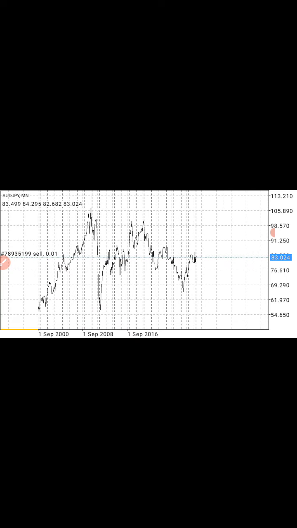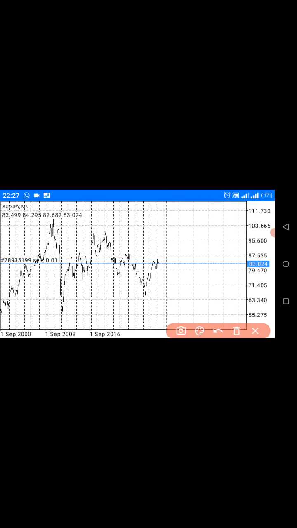The first thing we have here is an impulsive movement to the upside, though it's in a corrective manner. Then we have a movement to the downside again.